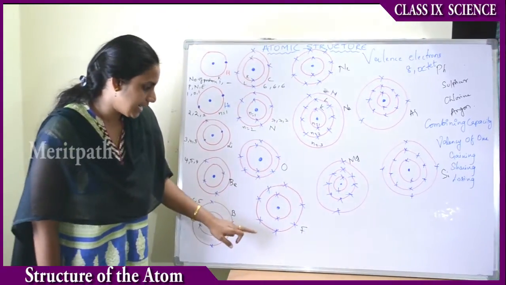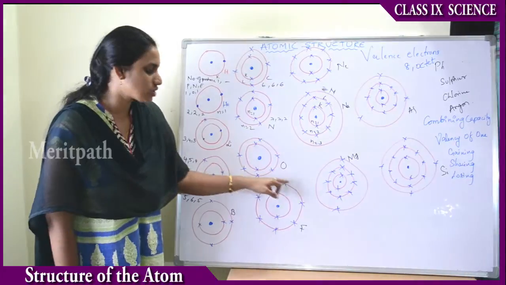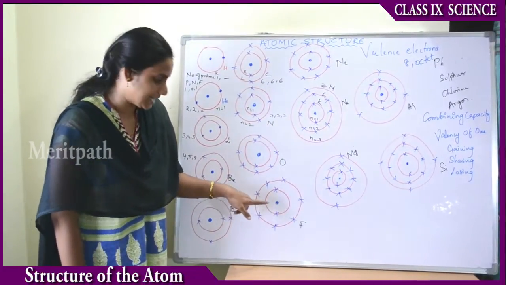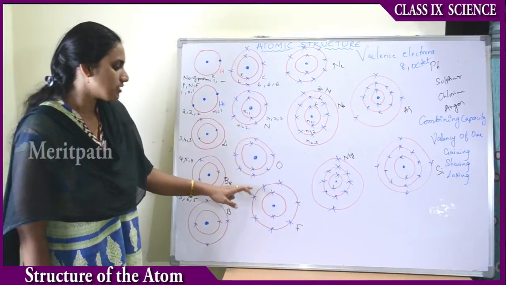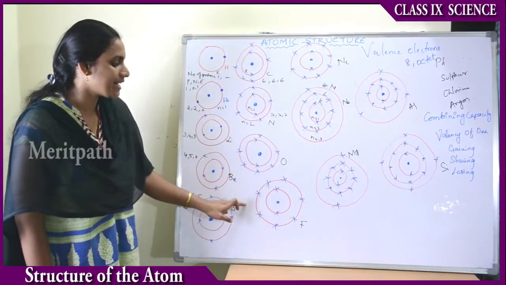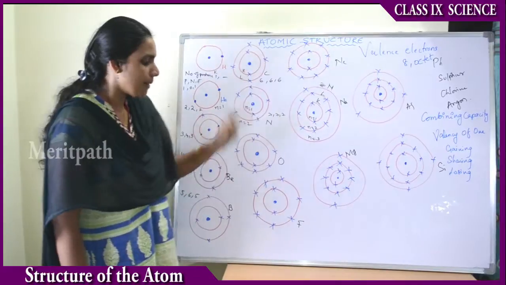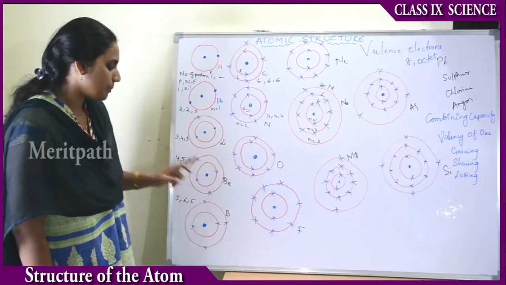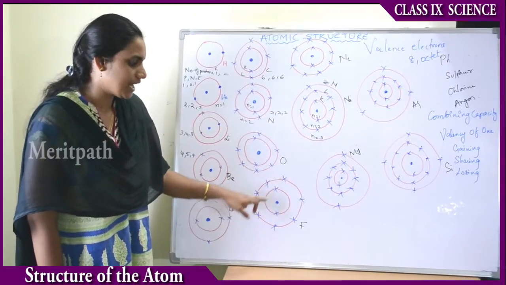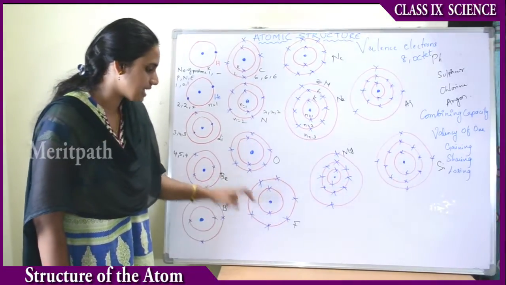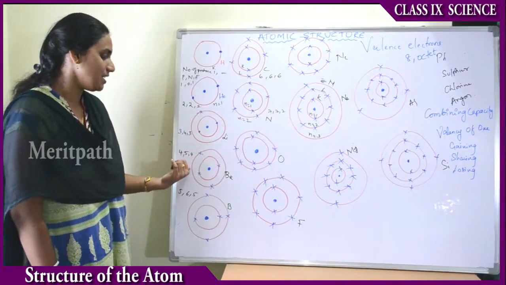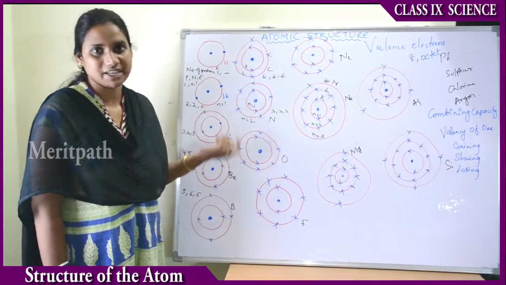For fluorine it is 7 electrons in the outermost shell and 2 electrons in the innermost K shell. Now fluorine will attain the inert gas nature of neon by gaining 1 electron. Similarly, beryllium by losing electrons can attain the same inert gas nature or stability.